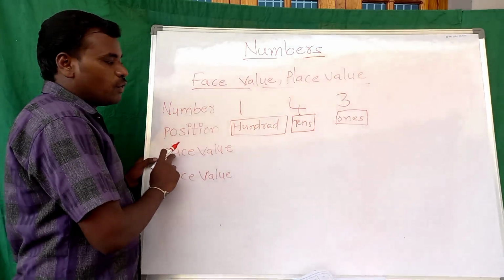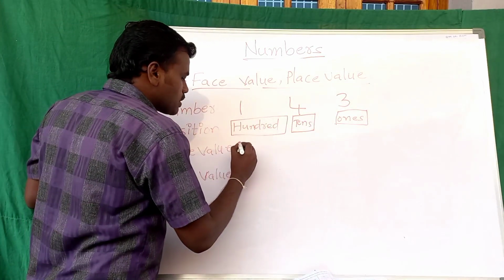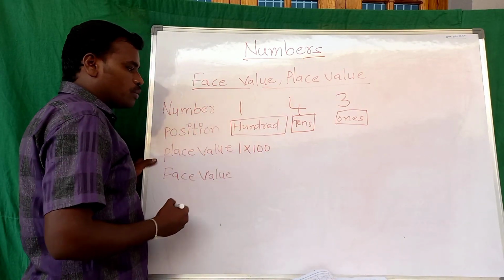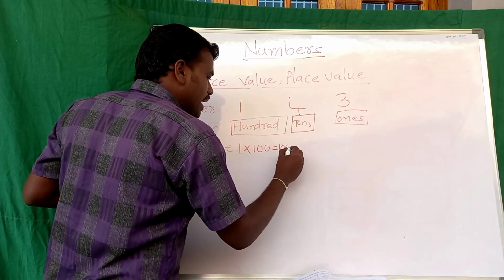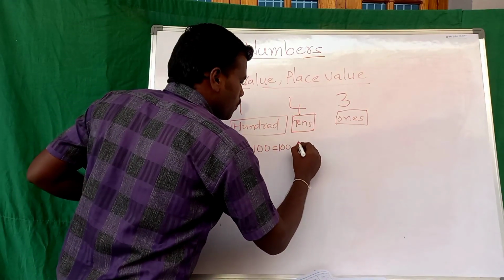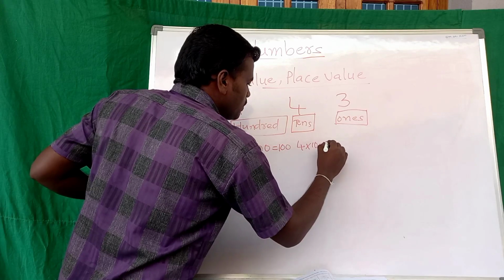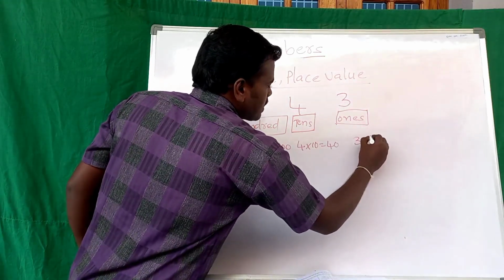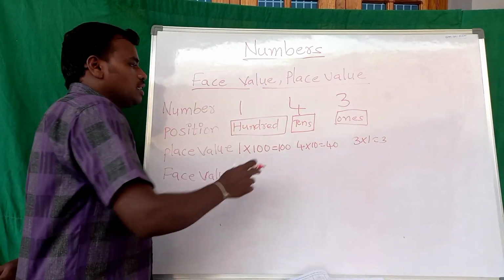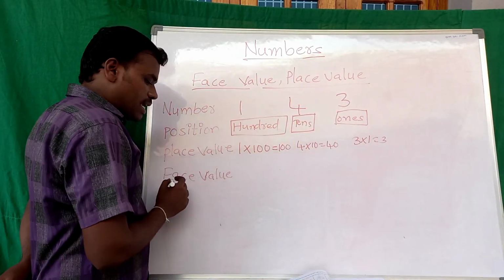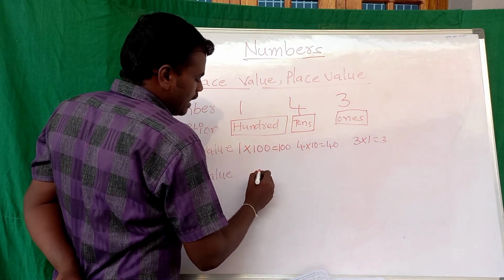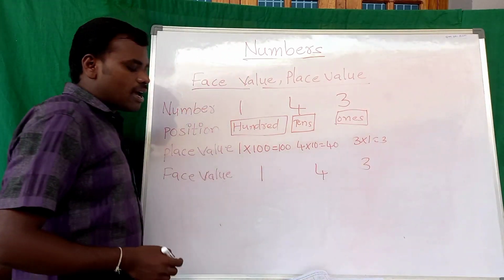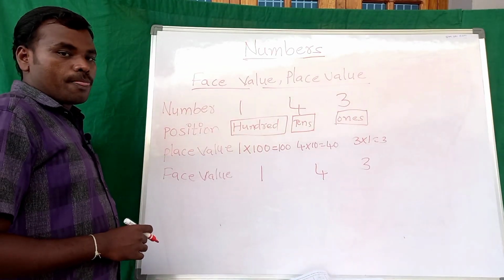Now we need to find the place value. 1 is in the hundreds room, so that is 100. 4 is in the tens room, so the value is 40. 3 is in the ones room, that means 3 ones is equal to 3. So the number is 100 plus 40 plus 3.